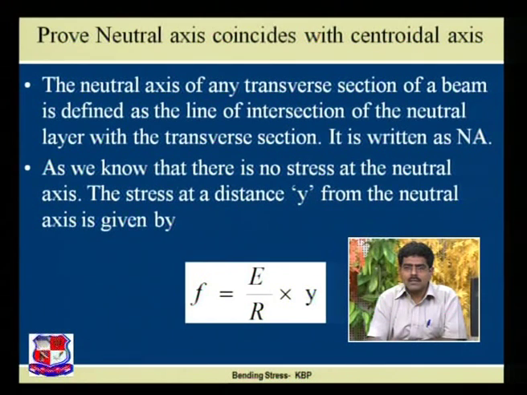As we know that there is no stress at the neutral axis, the stress at a distance y from the neutral axis is given by F is equal to E over R into y.